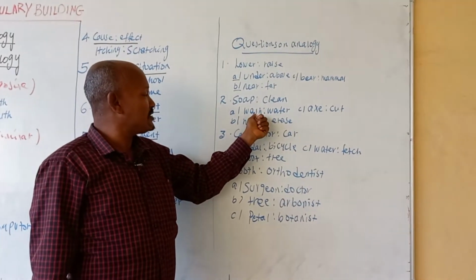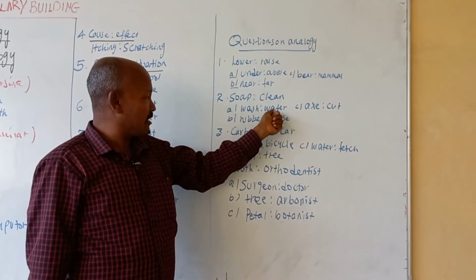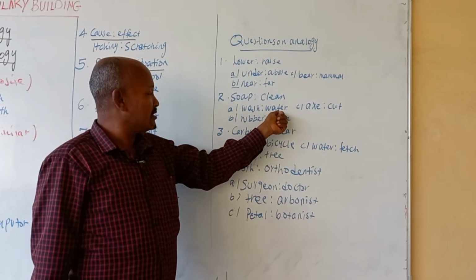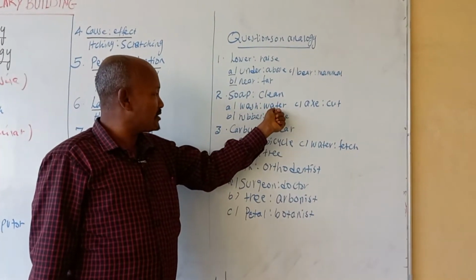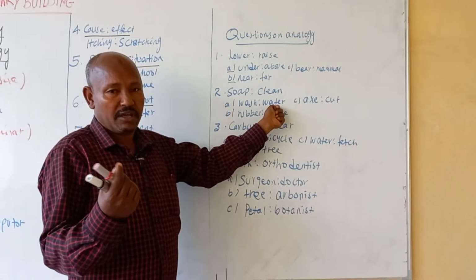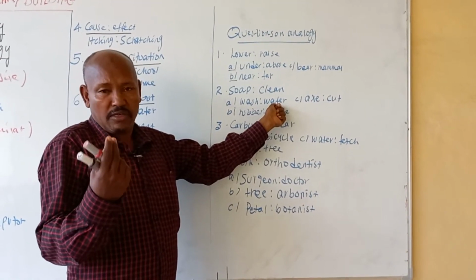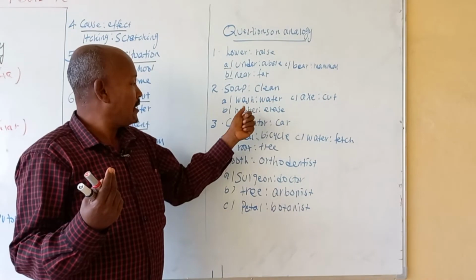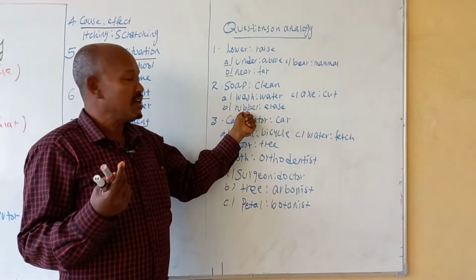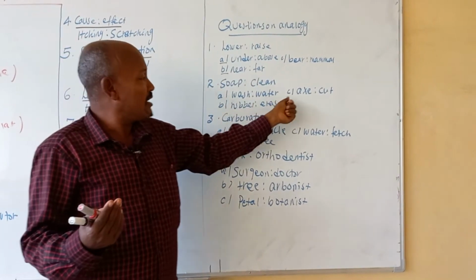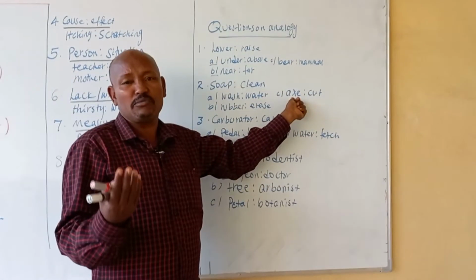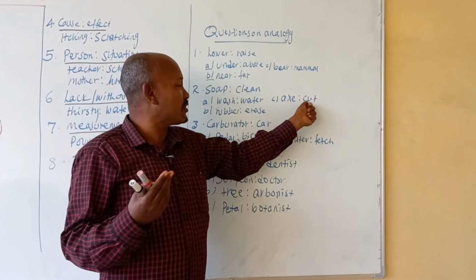Then this goes to wash and water, right? Wash and water. Is it right? Wash is the purpose and water is a kind of object, something actually. Rubber is an object. The function of rubber is to erase what you have written. And an axe is a kind of material which we use for cutting.